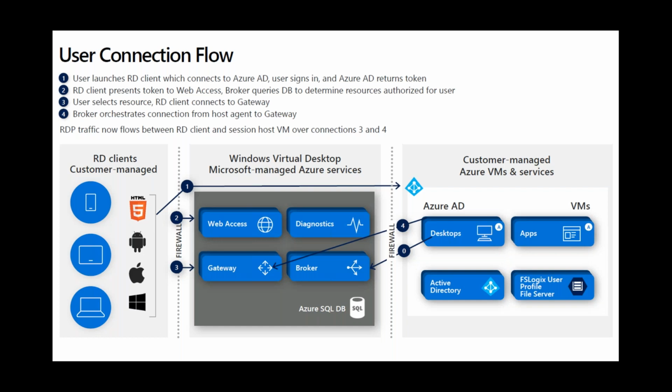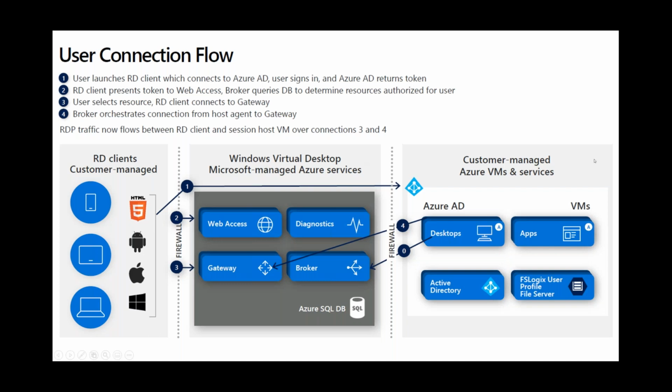So how it works is, you look at the left side there, you initiate a connection from one of your clients, so either a web client or a Windows or an Android or an iOS client. You make that connection into the Microsoft hosted gateway service. Then that makes a reverse connection into your managed infrastructure, so into your Azure environment where your session host is located.